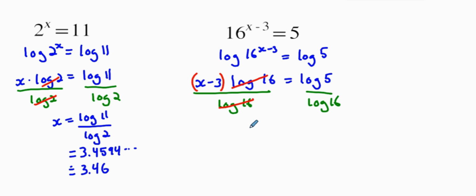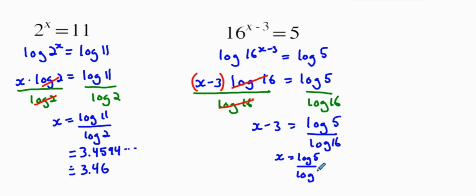So I'm left with x minus 3 is equal to log 5 over log 16. And then, of course, I can move the 3 across and make it positive, saying that x is equal to log 5 divided by log 16 plus 3.